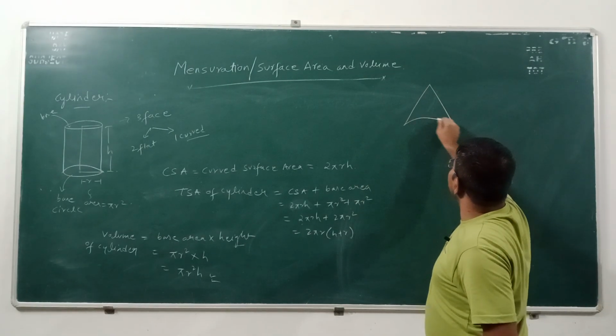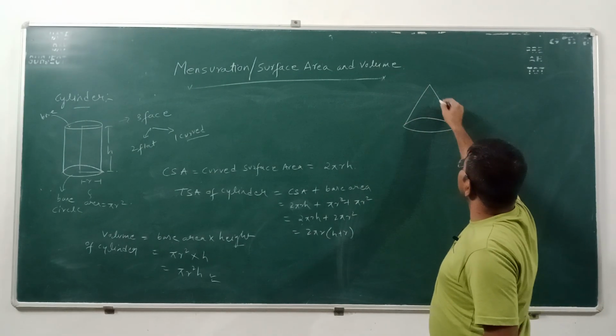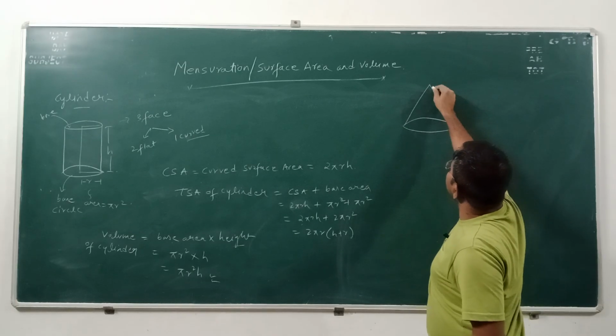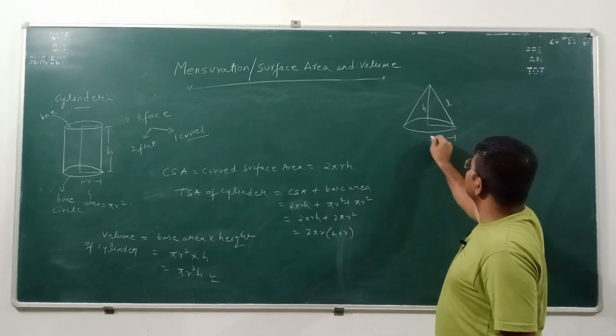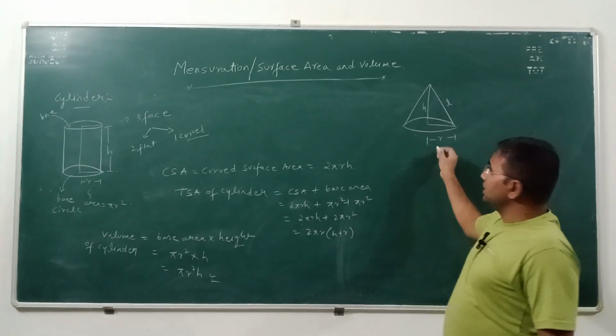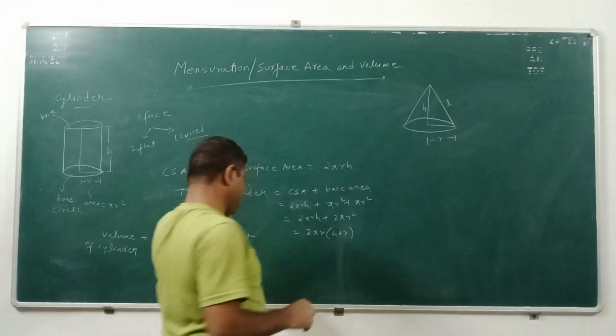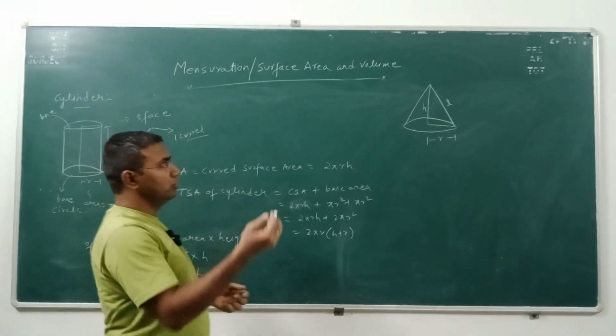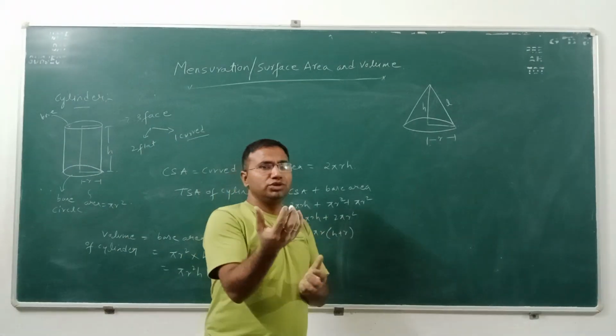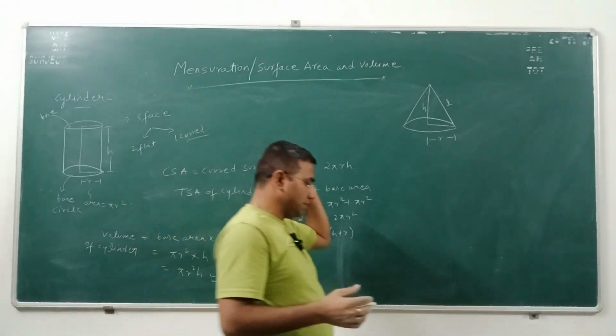So see here, this is a cone, this is called slant height, this is the radius, and this is the height. As you have eaten cone ice cream, the cone you used has this shape.